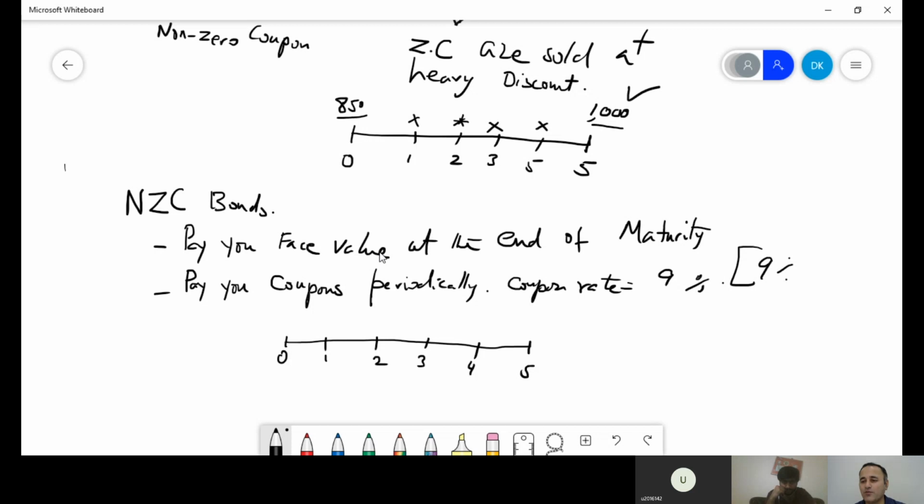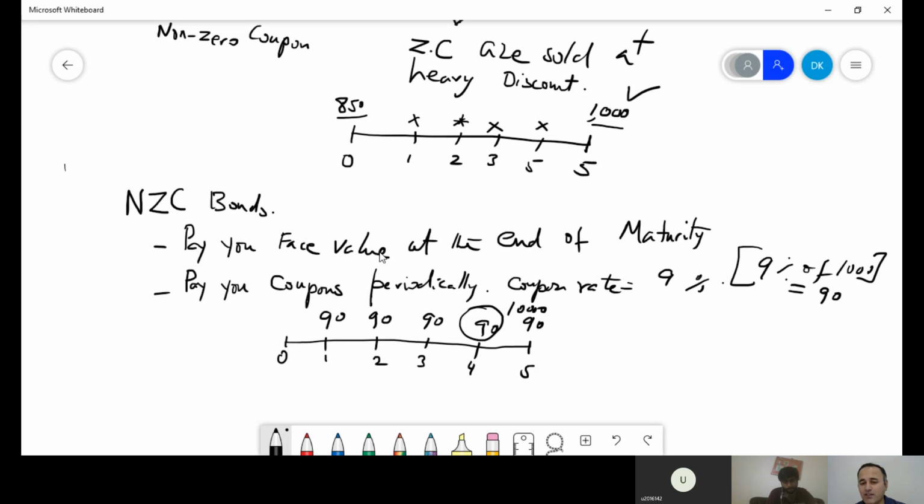So 9% of 1,000 is, Junaid, how much? $90. Yes, sir. So at the end of each year, you get $90. But at the time of maturity, let's say 5 years, you also get your $1,000 back. Okay. So this is in a way, it's your return. Each year 90.